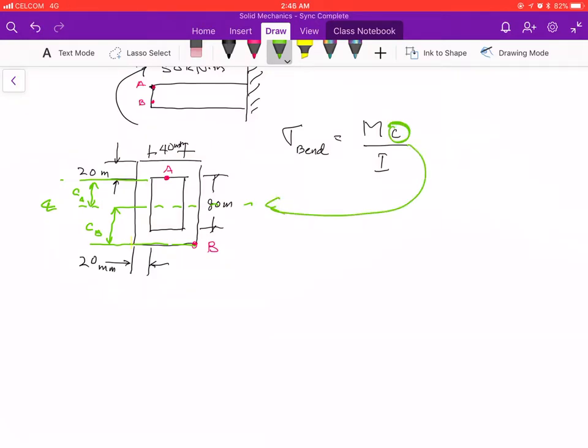And we need to find out what is the I. So I for this type of shape is given as 1/12 times B H cubed.